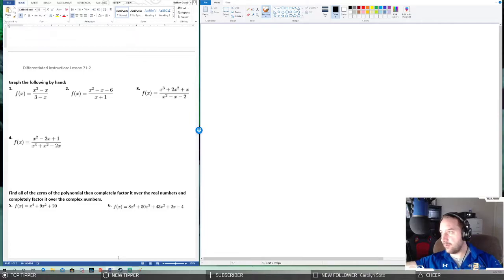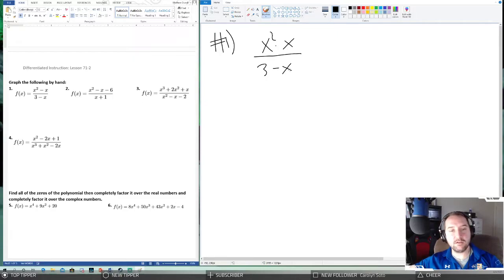For example, on number 1, I have (x squared minus x) over (3 minus x). Looking for the information, I have a vertical asymptote. My vertical asymptote is at x equals 3. The way we figure that out is by setting the denominator equal to 0.